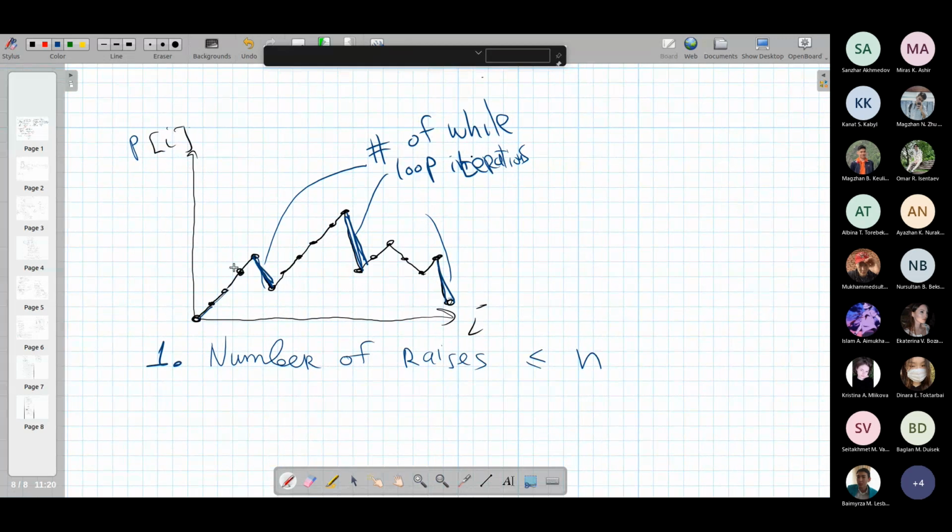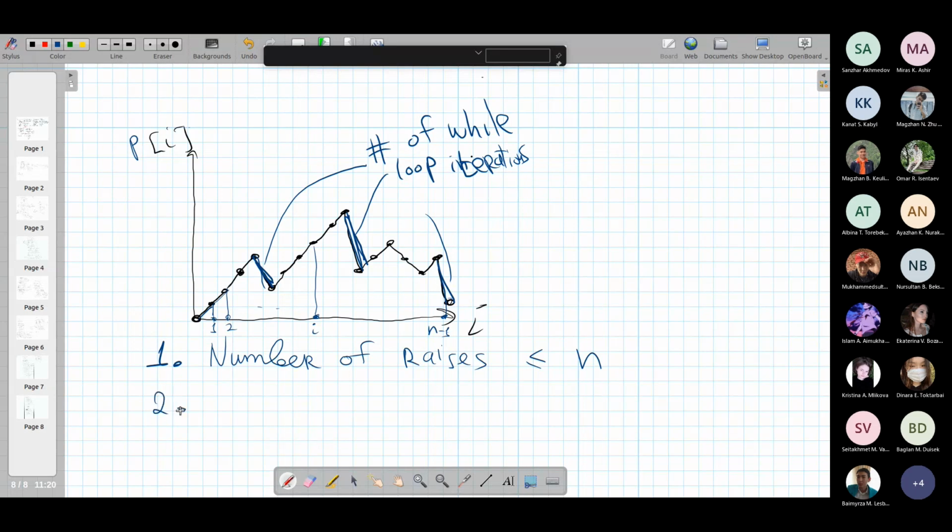Because each step is a position: this is position 1, this is 2, and so on, this is position i, this is position n minus 1. Each step we can increase the value of the prefix function only by 1, not more. So in total we can have at most n raises, right?